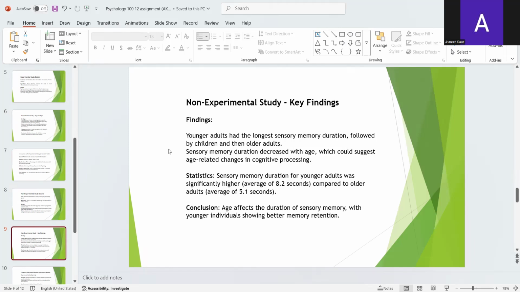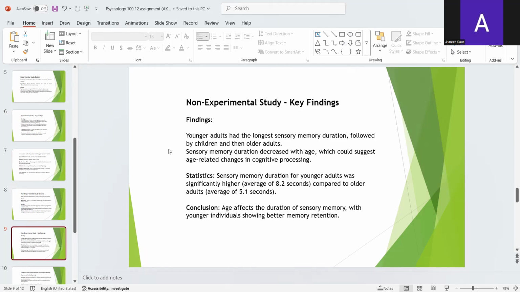The key findings of the non-experimental study are that younger adults had the longest sensory memory duration, followed by children and then older adults. Sensory memory duration decreased with age. This is the main finding of the non-experimental study.